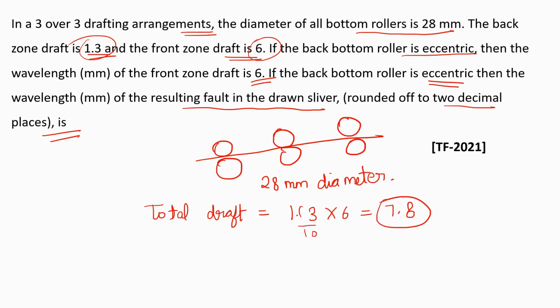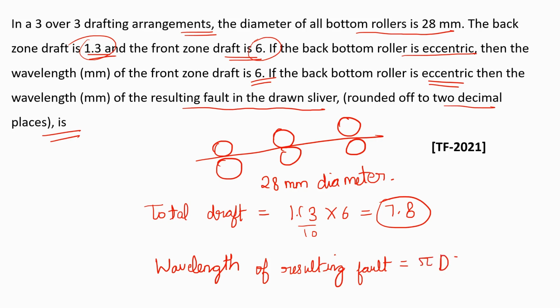And to calculate the wavelength of the resulting fault in the drawn sliver, the wavelength of the resulting fault is pi d into total draft.